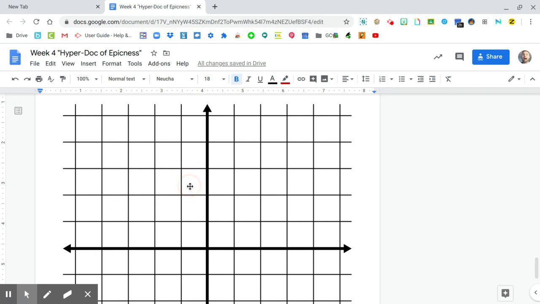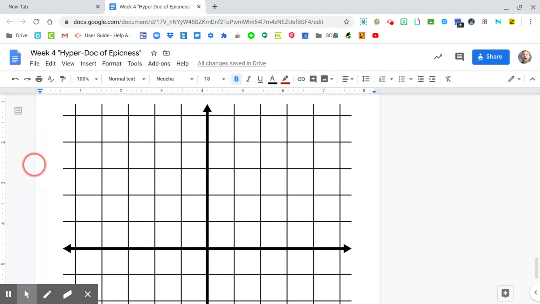The only thing is you'd have to take a screenshot and then attach it to the document or send it to me in an email. This is the only project that I've had difficulty attaching to the HyperDoc and being able to send in. So your best bet is probably getting a piece of paper. If you've got graph paper, it'd be much easier.